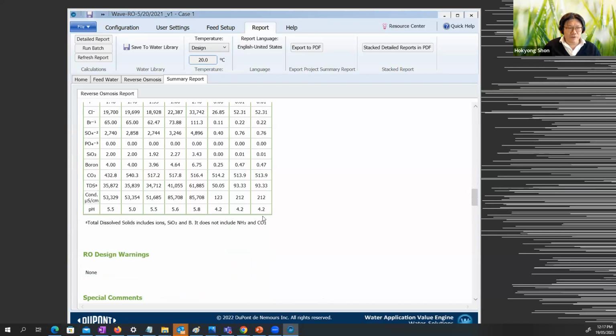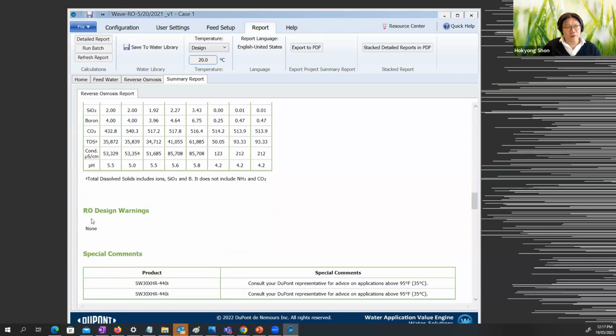Also, how the pH changes. Also, you can see the RO design warning. After you design the RO, you can consider how this has a problem. Because if you have a problem with your design and you click this summary report, it doesn't really show any data, or it does not really give any information.